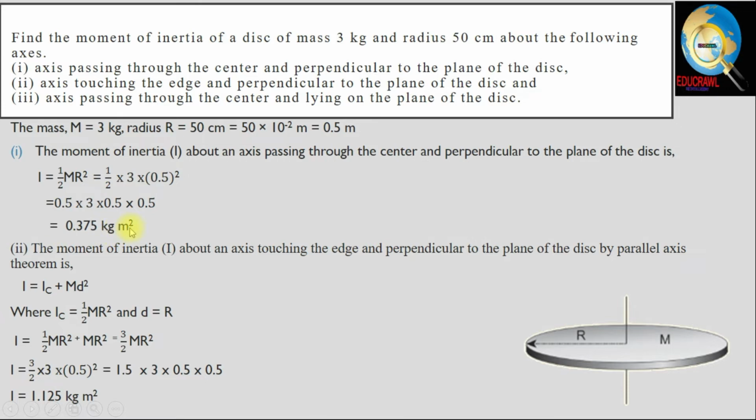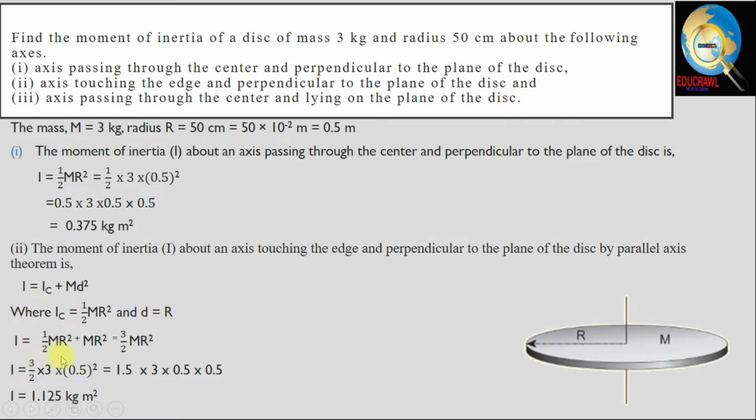Next, we need to find the moment of inertia about an axis which is touching the edge and perpendicular to the plane of the disk. So here we use our parallel axis theorem, which is I is equal to I_C plus M d squared. I_C value is nothing but half m r squared. d value is nothing but r.